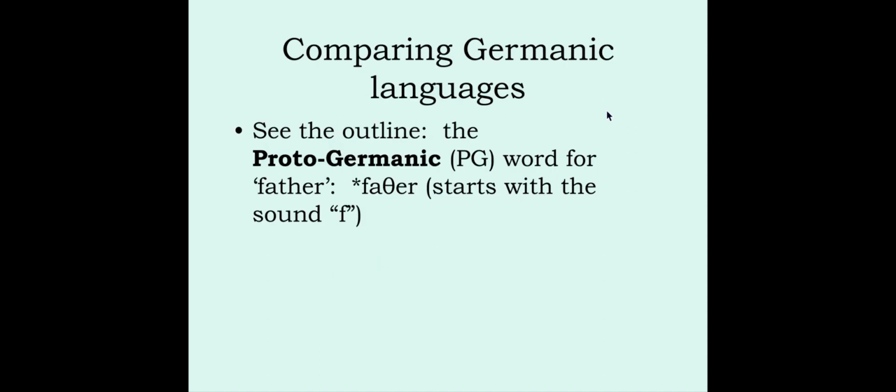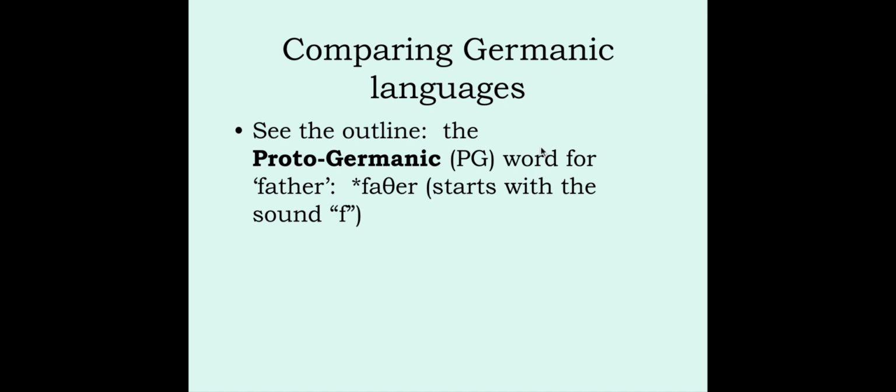So when we look at these different Germanic languages, what I've done here is I've shown you different words for father in the Germanic languages. And when we look at them, we can see that all the different Germanic words for father begin with an F sound.